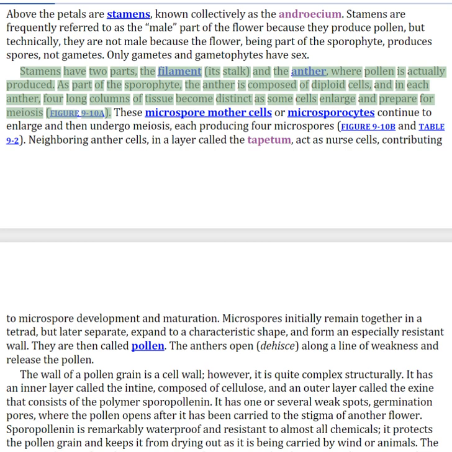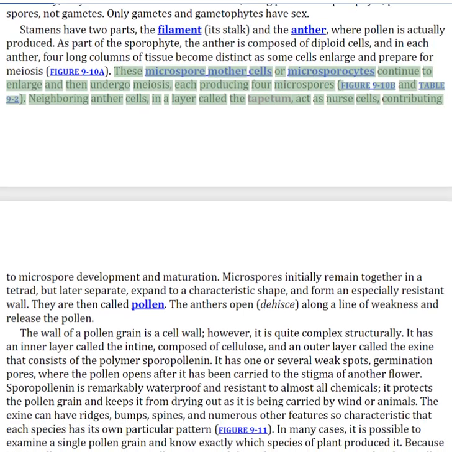As part of the sporophyte, the anther is composed of diploid cells, and in each anther, long columns of tissue become distinct as some cells enlarge and prepare for meiosis. These microspore mother cells or microsporocytes continue to enlarge and then undergo meiosis, each producing 4 microspores.